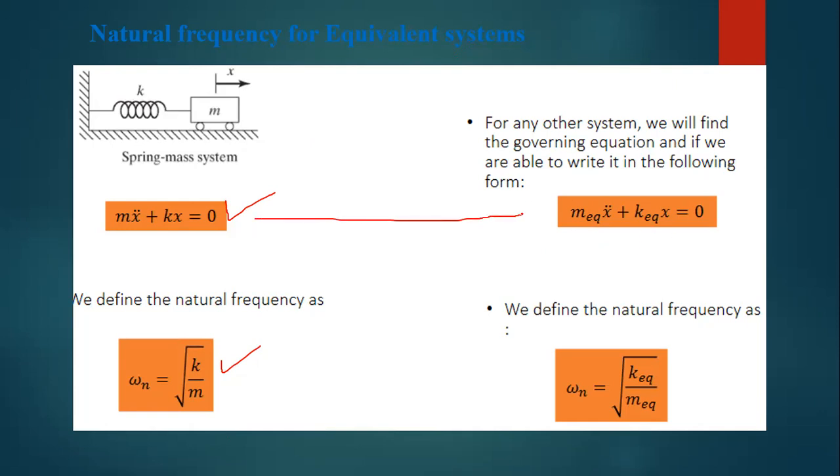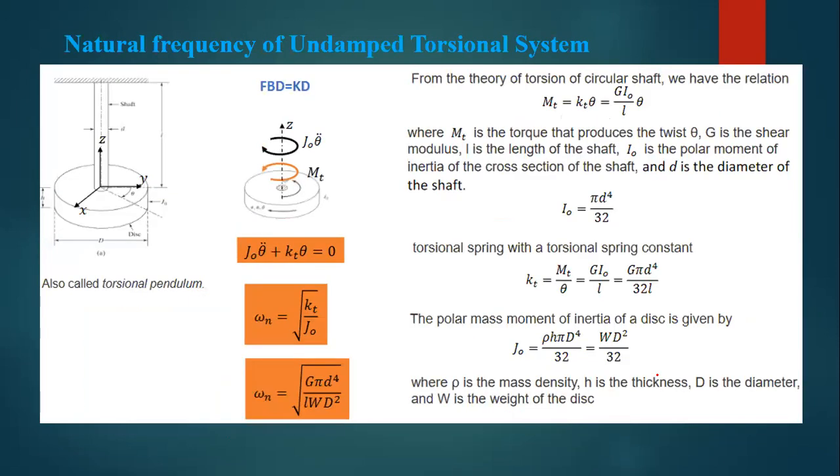So this system can be replaced by this for the system having some additional feature, represented like this because K equivalent over M equivalent. We will see how we can find K in series and K in parallel, and how the mass can affect the natural frequency of the material.